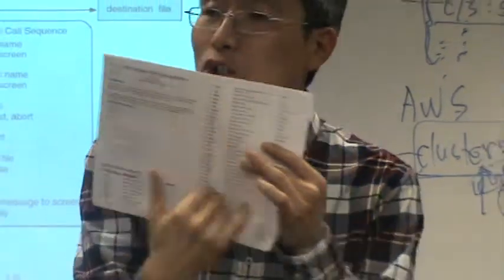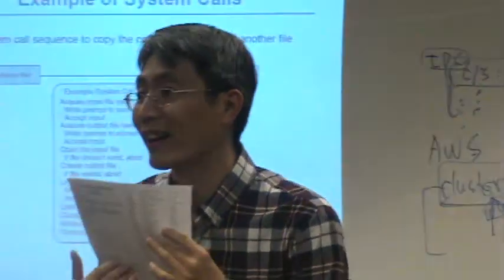It's complicated. So is there any easy or simple way? So programming languages provide their own API that uses the system code inside.